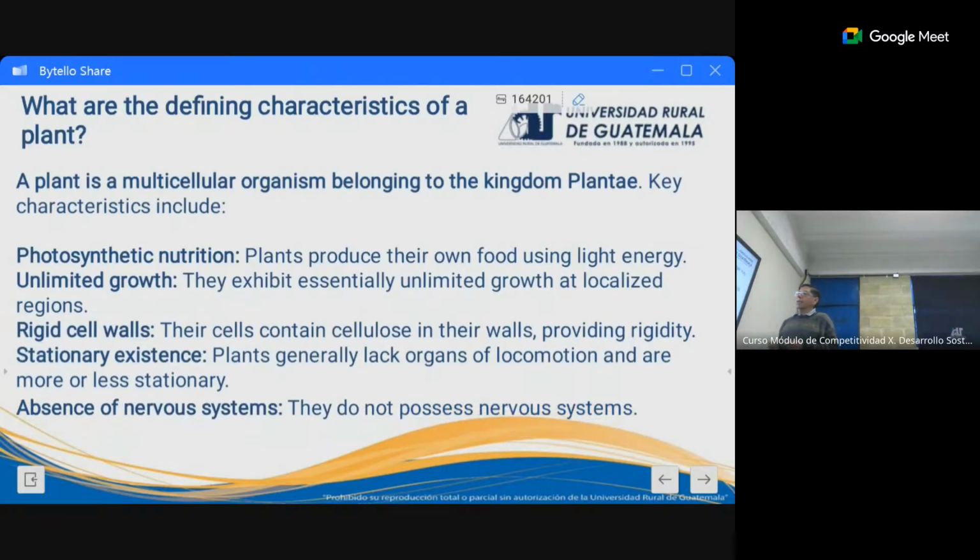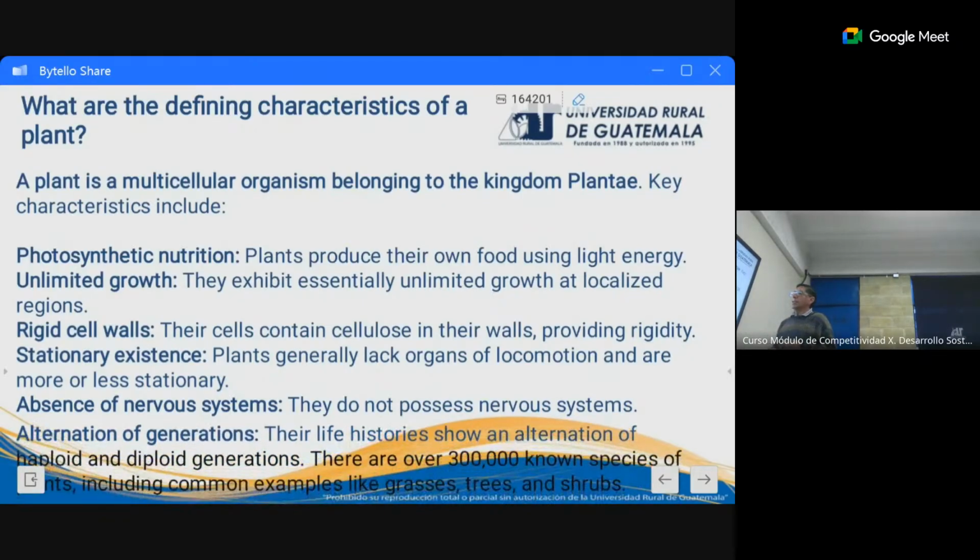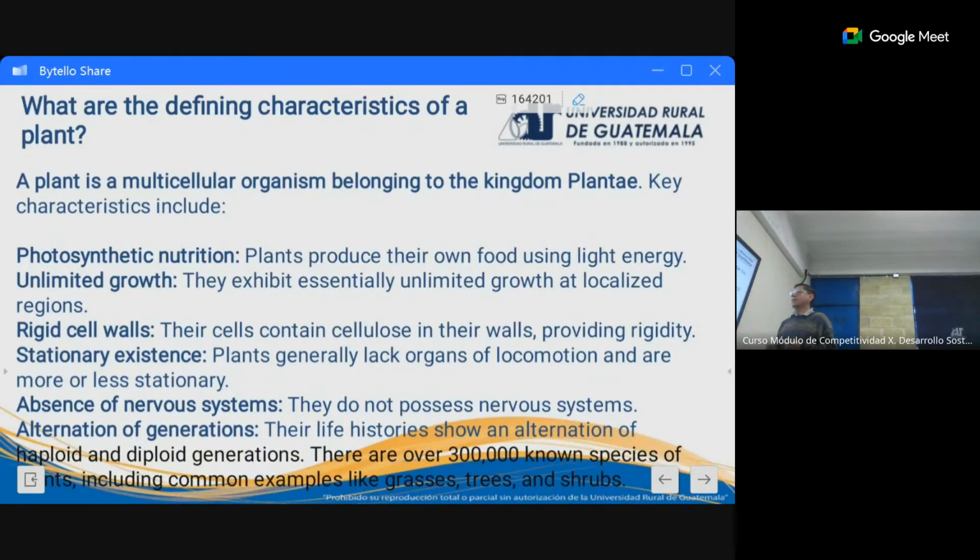The next one is the absence of nervous systems. They don't possess nervous systems like human beings do or like animals. Also, another characteristic is the alternation of generations. Their life histories show an alternating of haploid and diploid generations.